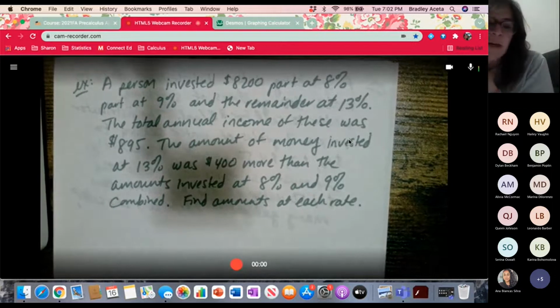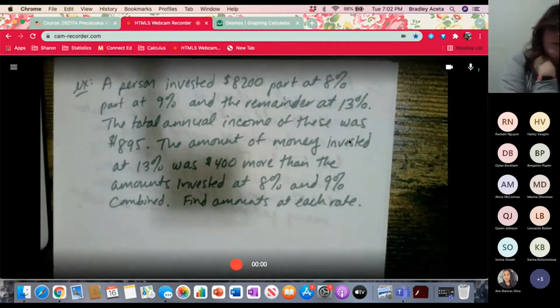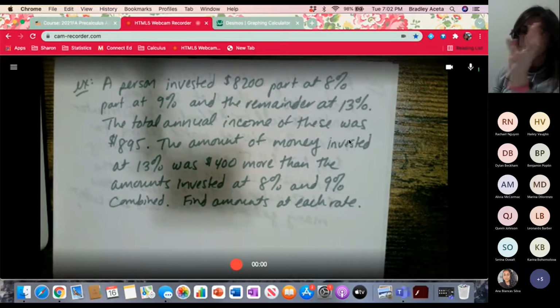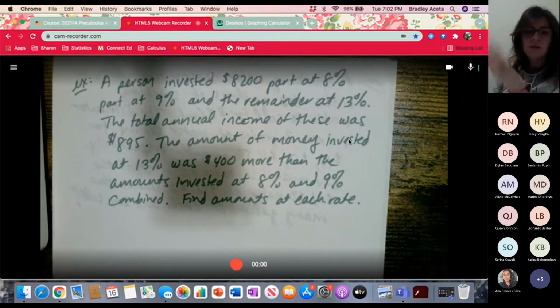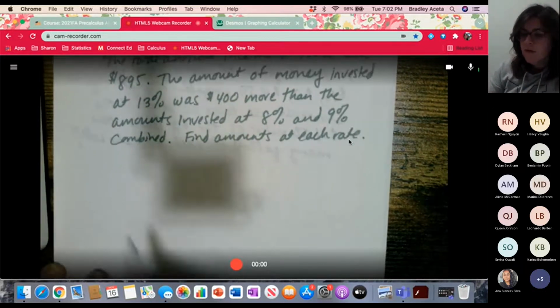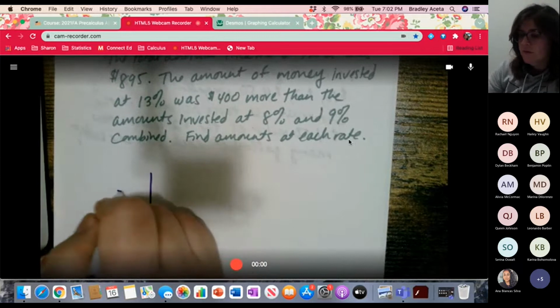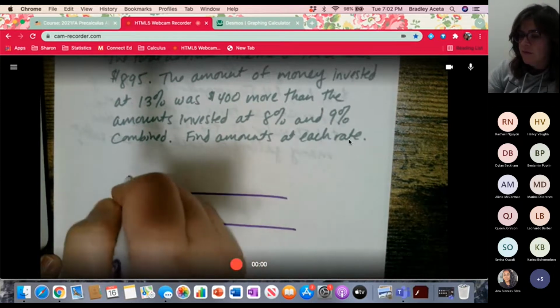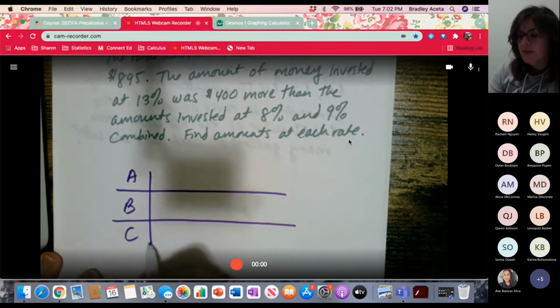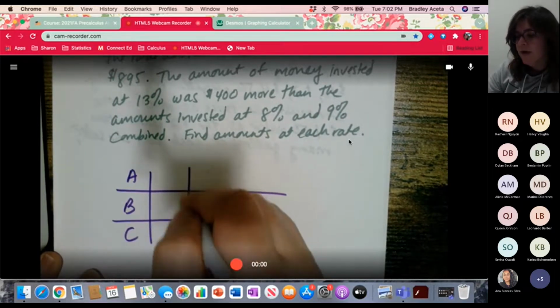All right, so again, I like to do tables, and for this question, I am putting my $8,200 into 3 different percentages. So I'm going to have A that I'm going to invest, B that I'm going to invest, and C that I'm going to invest out of this 8,200.